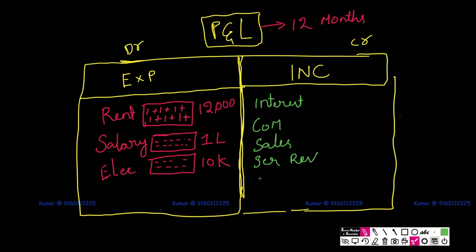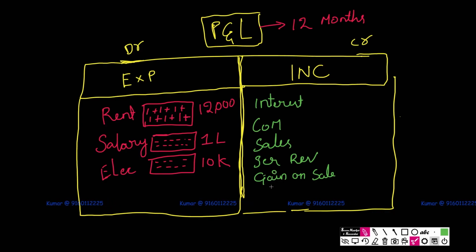Profit or gain on assets. For example, in the previous example we discussed a car we sold for 6 lakhs when the value is 5 lakhs. So that is profit or gain on asset sale. 1 lakh is our income. If we sell for more than the value, that becomes a gain.